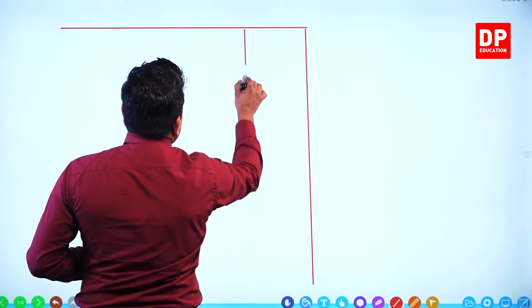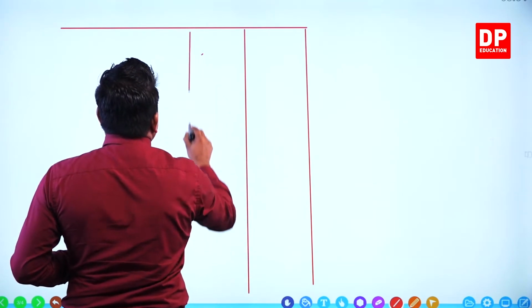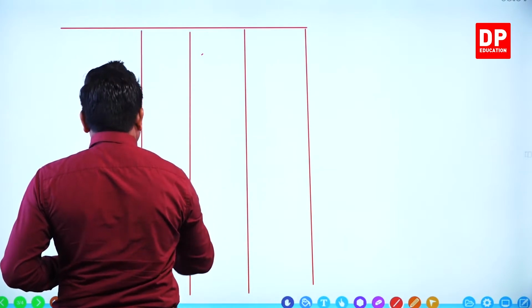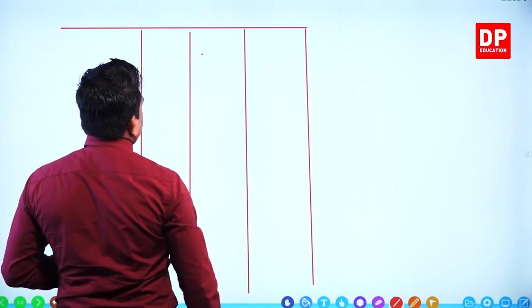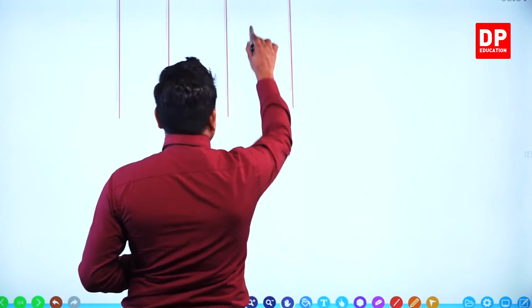There are 3 columns to be drawn like this. If you feel it's not enough, you can expand it.